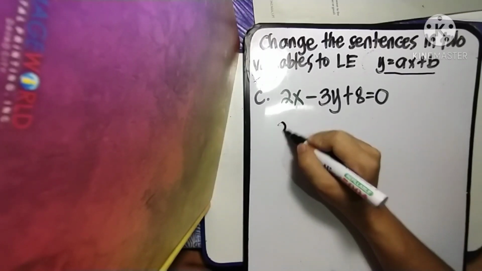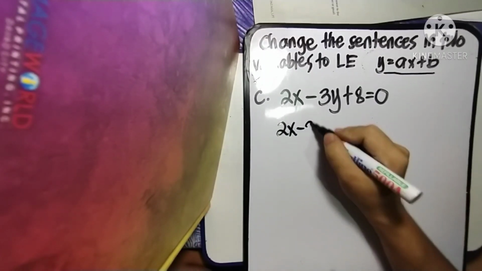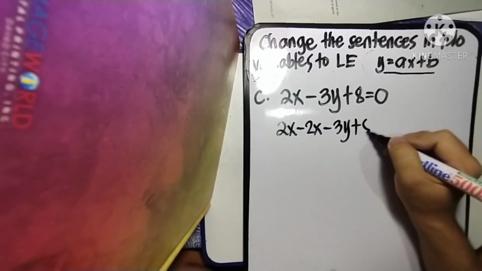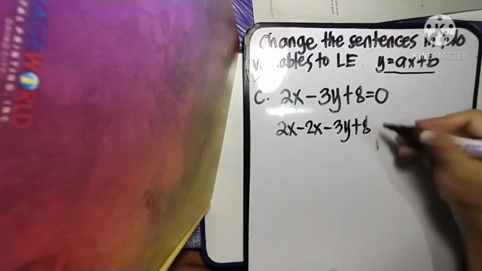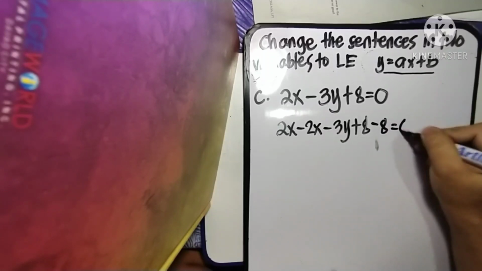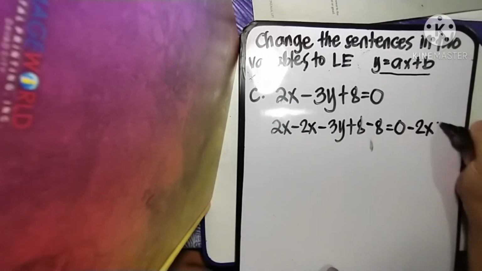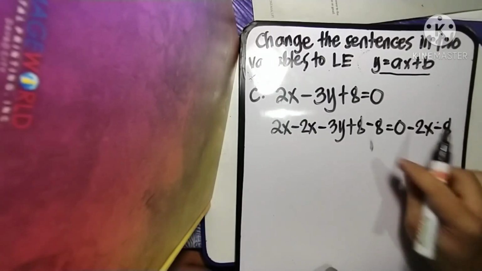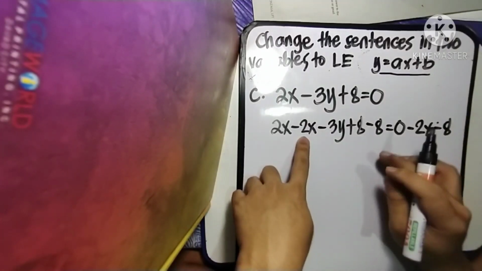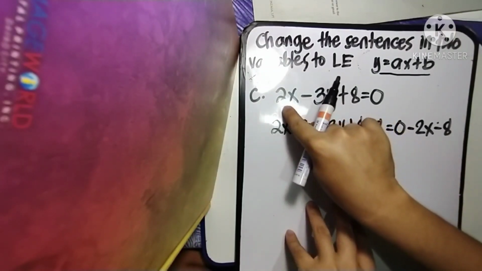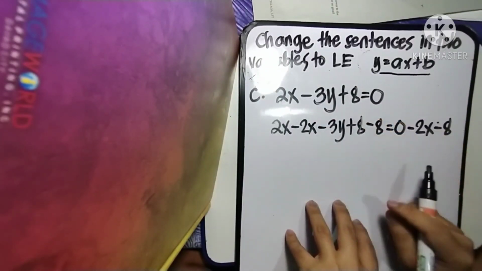So we have 2x minus 2x minus 3y plus 8 minus 8 is equal to 0 minus 2x minus 8. Okay, this is based on subtraction property of equality because our goal is to eliminate positive 2x and positive 8.